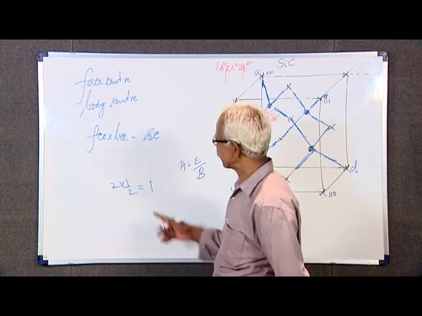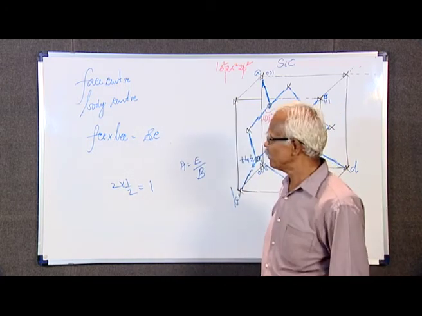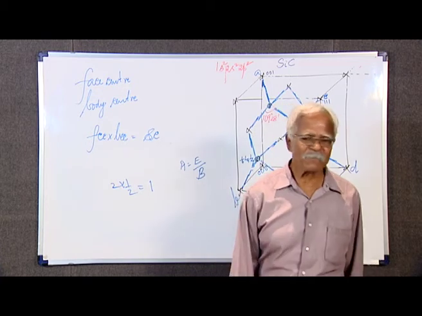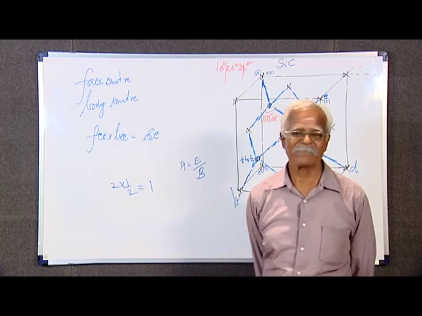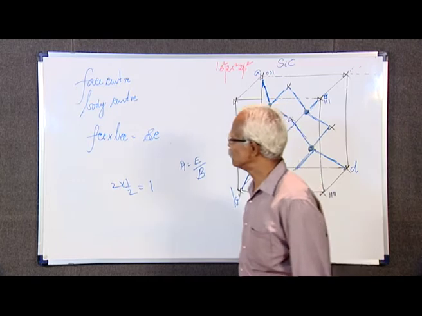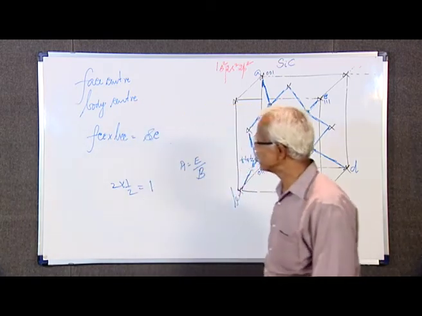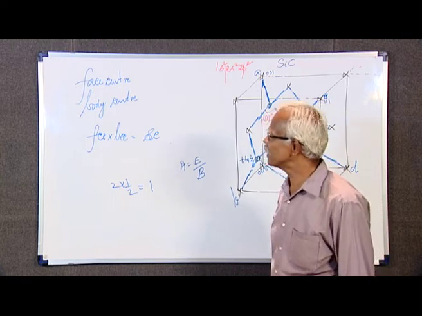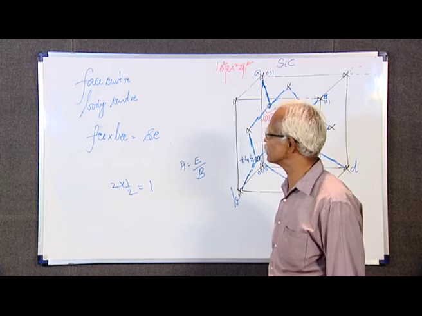The question is, can we not have something of a geometrical nature which can imitate this numerical result? The answer is yes. These are geometrical facts which imitate numbers. FCC and BCC are mutual inverses.